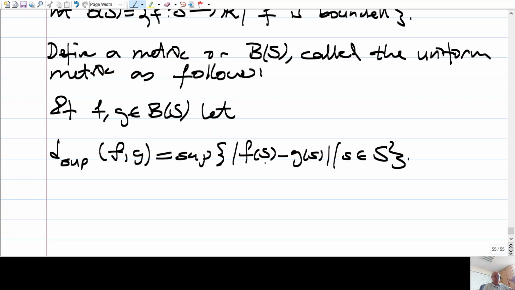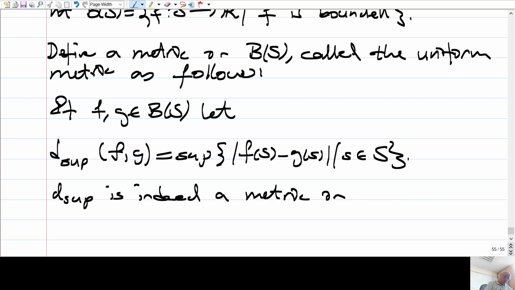F can take at most, let's say, the value 5. G can take at most, let's say, the value 10. The difference can be something between 0 and 15, I guess, right? And you just take the supremum over S. So this sup is indeed a metric on B(S).